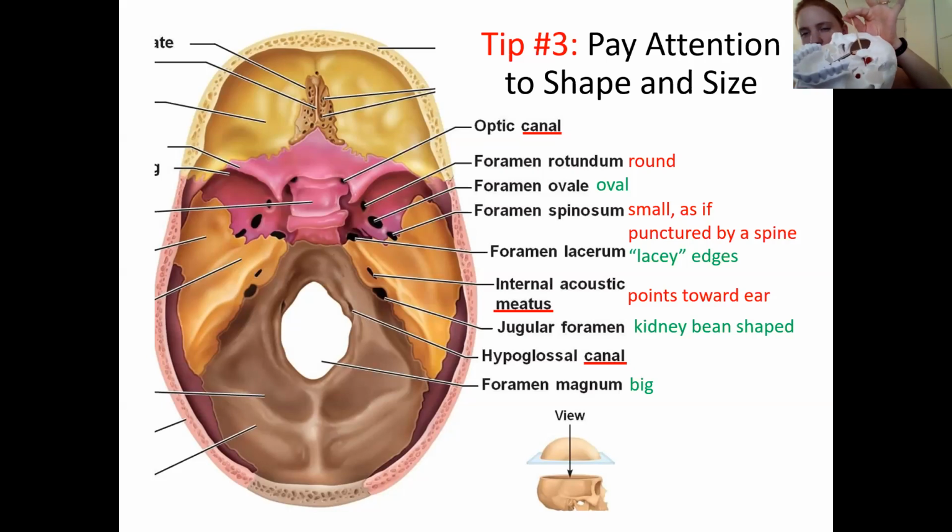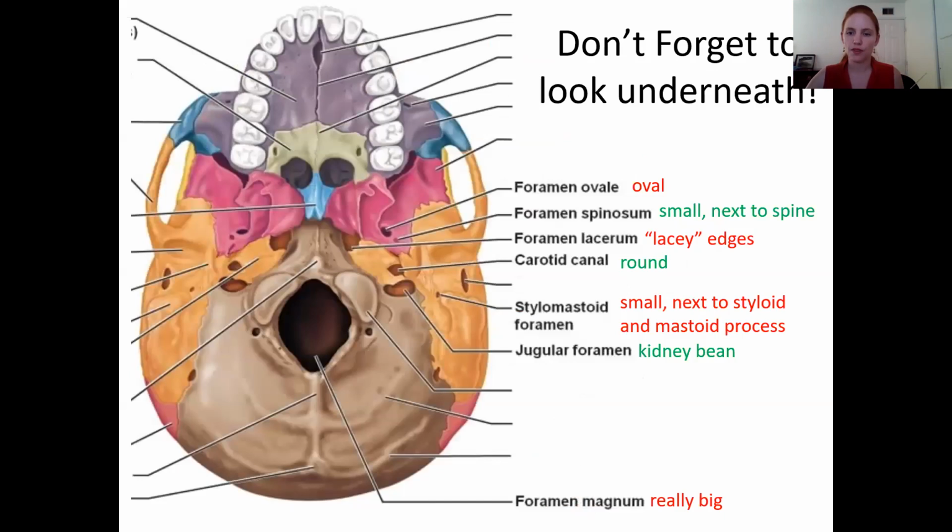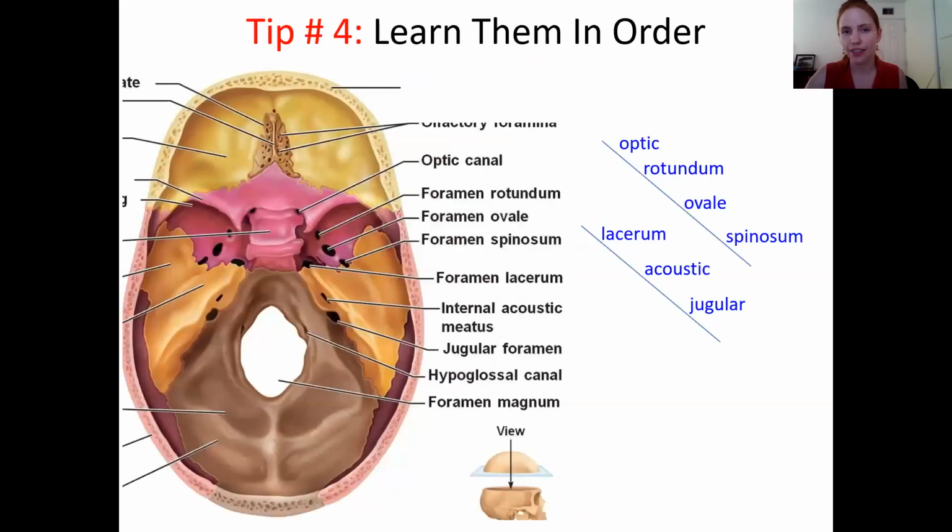The hypoglossal canal is the hole that runs right underneath the occipital condyle. So the occipital condyle is the bridge, and the hole under the bridge is the hypoglossal canal. Okay, don't forget to look underneath. So I would like to go ahead and pause.